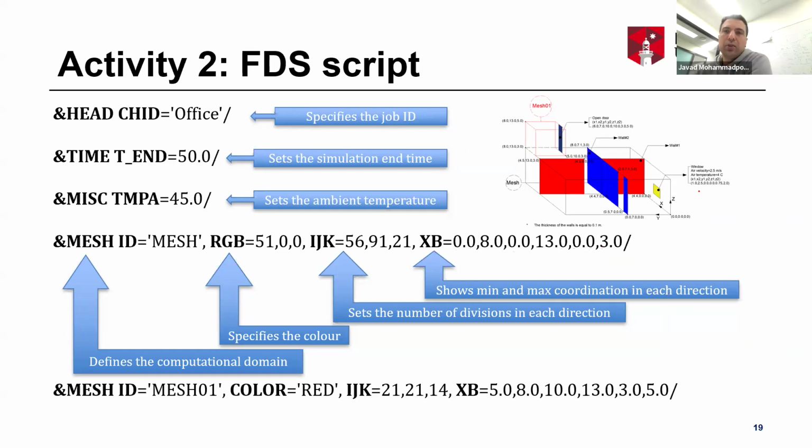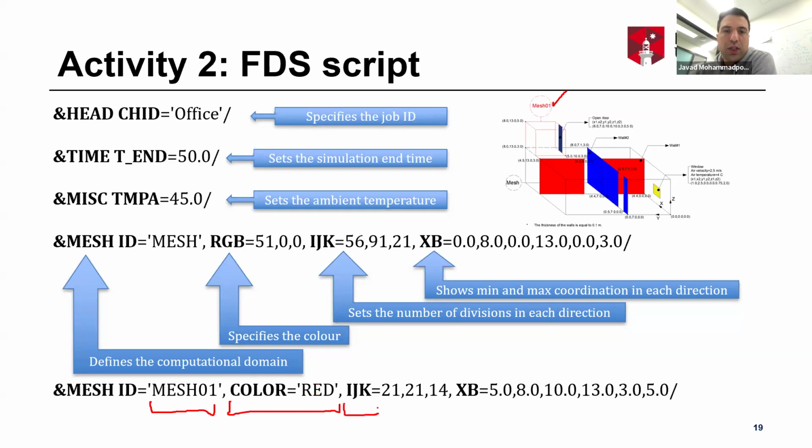Okay. Also, we defined the bottom part, and we need to define the top part. As I told you, I name it mesh O1, the red part. For the color or the RGB, when you use the standard color, it should start with color equal to, for example, red.